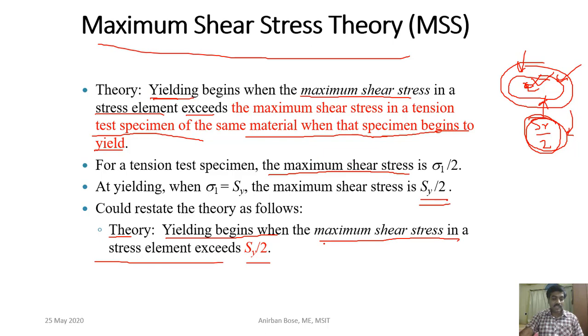If the maximum shear stress in a specimen under general loading is more than Sy by 2, then that material will yield or fail according to the maximum shear stress theory.